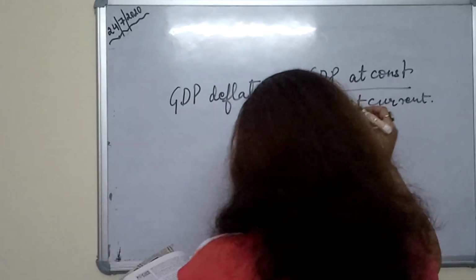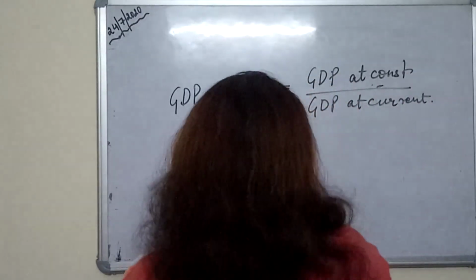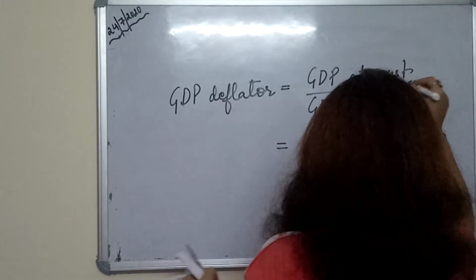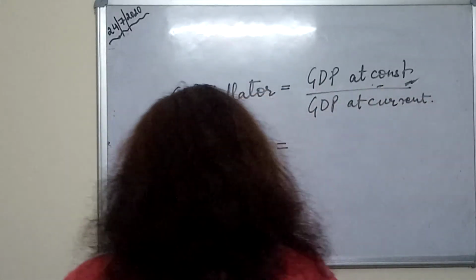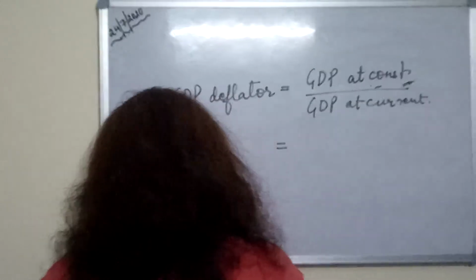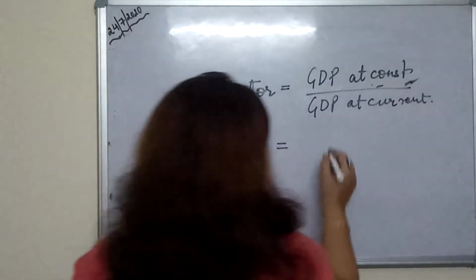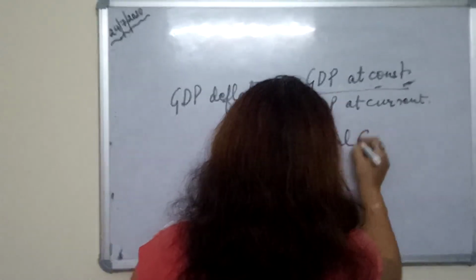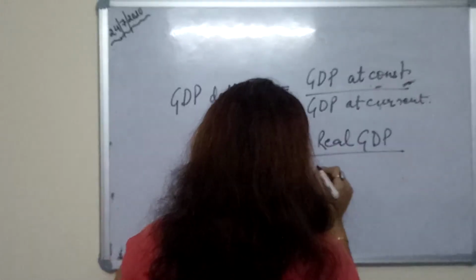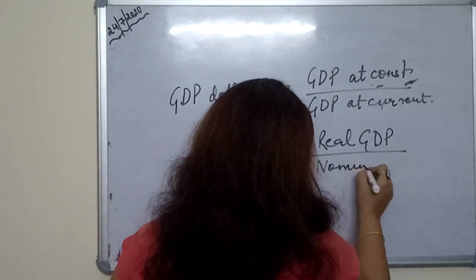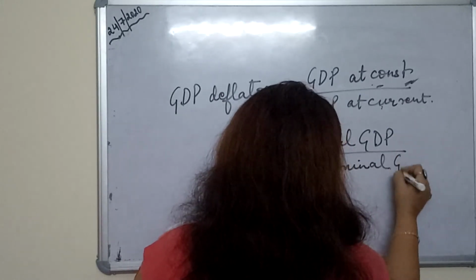That means when we take the constant prices above, we are calculating the real GDP, and when we take the current prices below, then it is nominal GDP. Clear?